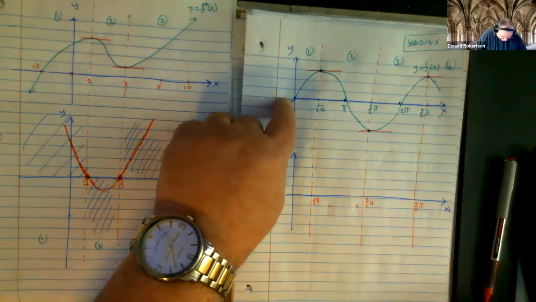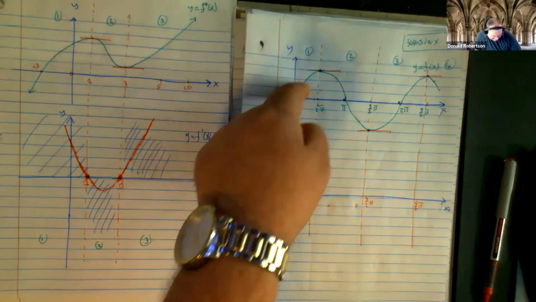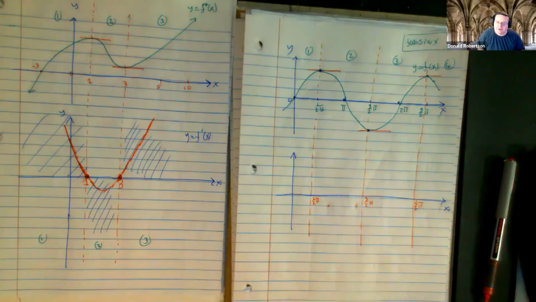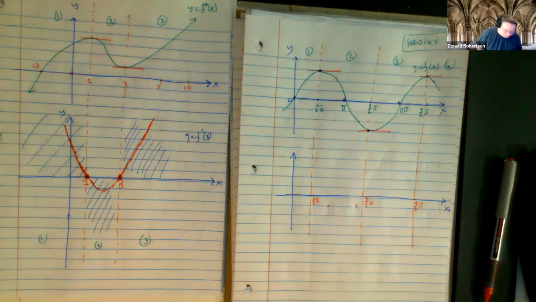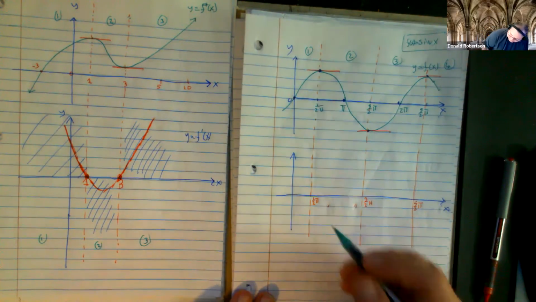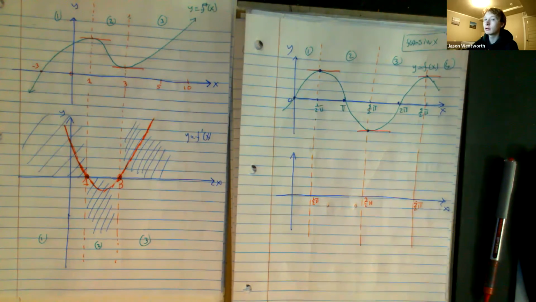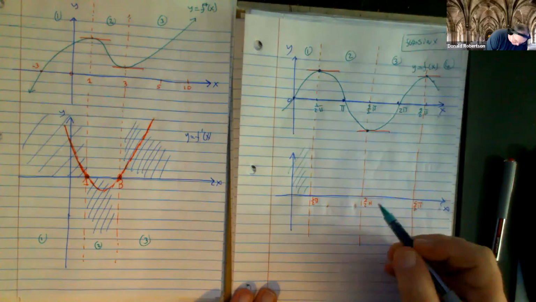In region 1, positive or negative? So if you did a tangent line to the curve here, would it be positive pointing up or negative pointing down? So what do I get in region 1? Positive. Correct. In region 2?